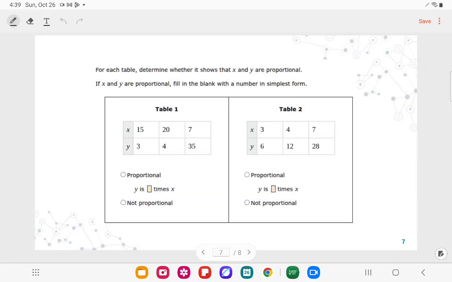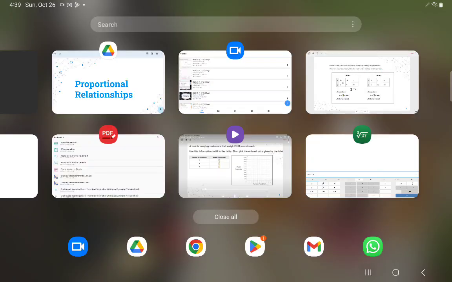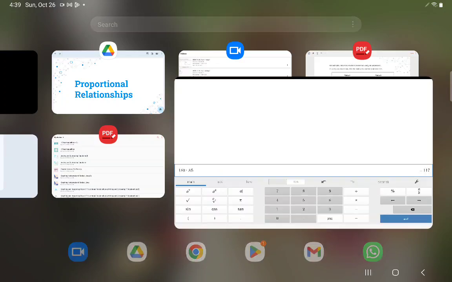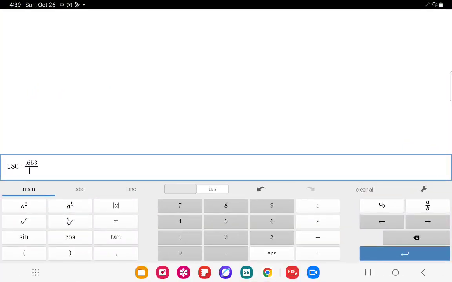Let's do one more check of these tables, using that same pattern. If I want to know if it's proportional, I'm going to do Y divided by X to figure out what I'm timesing by, because I can't guess what to times 15 by to get a bigger whole number. So I'm going to do my Y, which is 3, divided by 15.